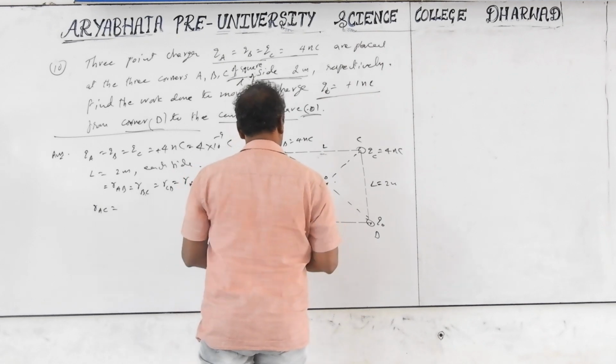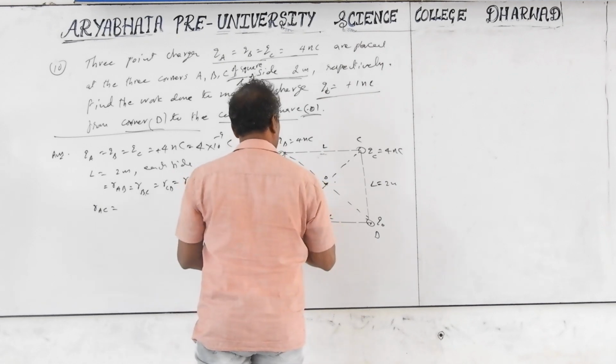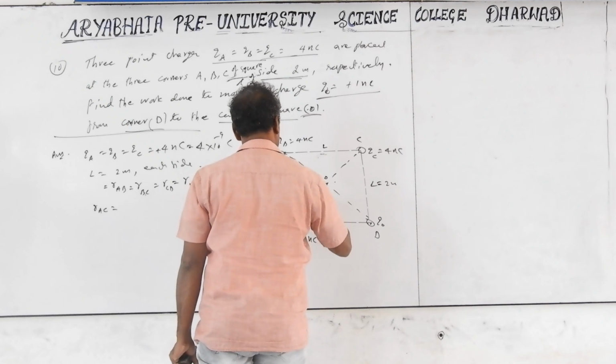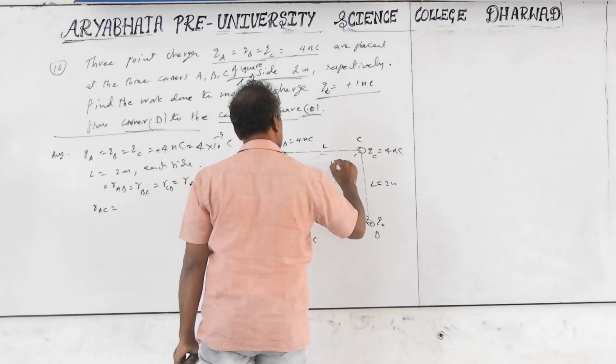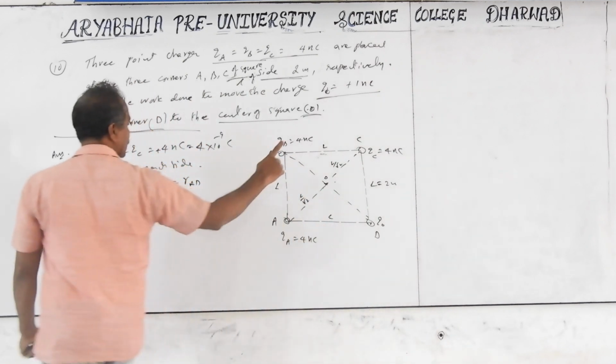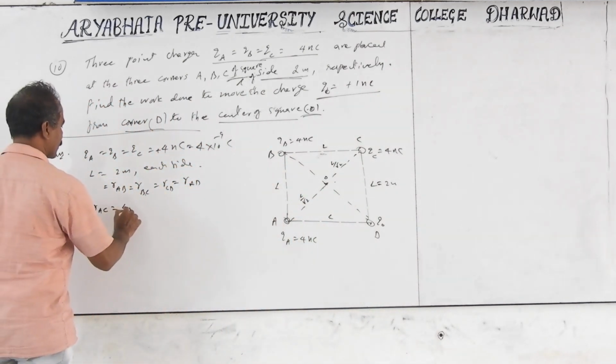L root 2 by 2 is L by root 2. This is also L by root 2. So the diagonal RAC is L root 2.